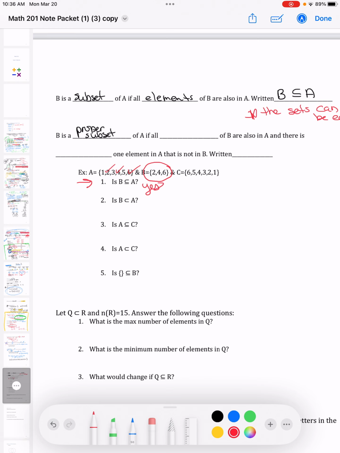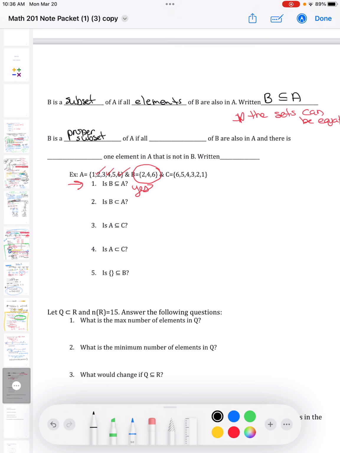Now a proper subset takes a little bit more work because it's proper. If you're going to act proper, that's a little bit harder than just acting regular. So it's harder to be a proper subset. To be a proper subset, it starts the same. You have to have all the elements of B also in A. But there's something added on: there is at least one element of A that's not in B. So that basically means B has to be smaller.